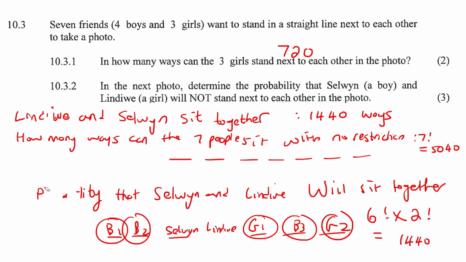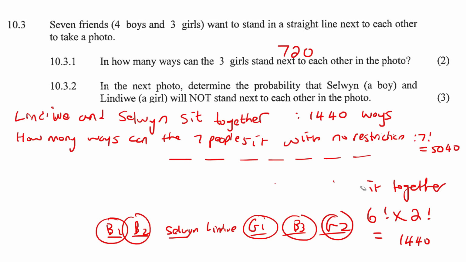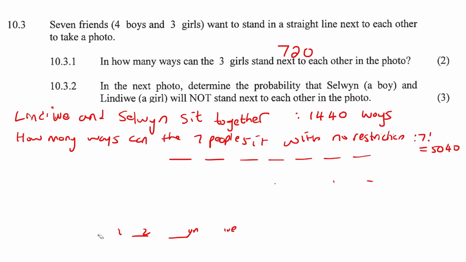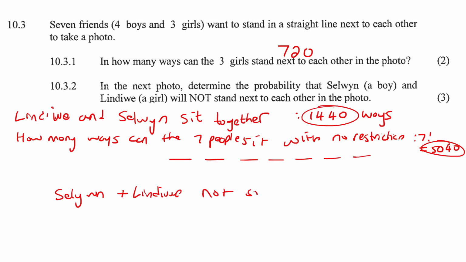So now, how many ways can Selwyn and Lindiwe not sit next to each other? Well, you should just realize that you could simply subtract these 2 values from each other, right? So we could say Selwyn and Lindiwe not sitting together.